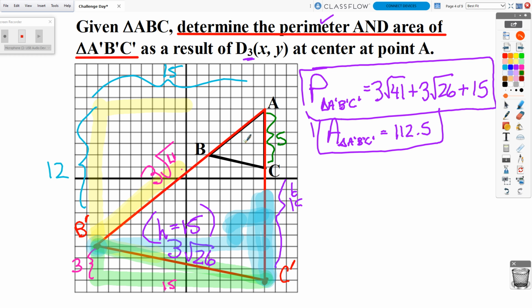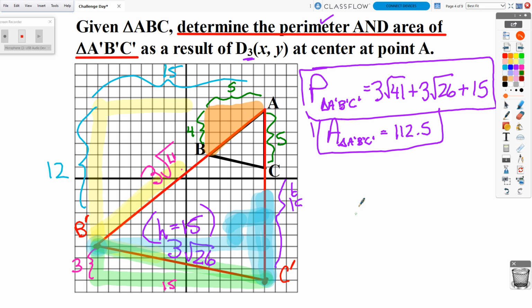What do we do next? We went over here to AB. Let's figure out how long segment AB is so we can get that side of the triangle. This is 1, 2, 3, 4, and this has a length of 1, 2, 3, 4, 5.